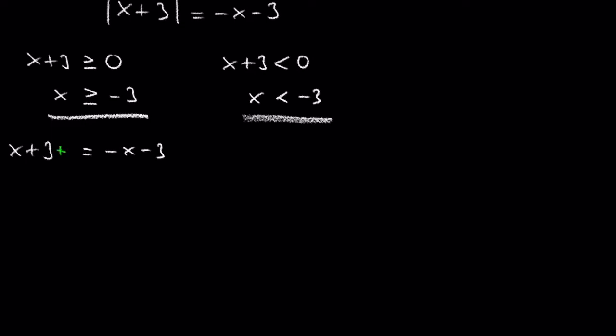After adding x on both sides, we get 2x plus 3 equals negative 3. Subtract 3.